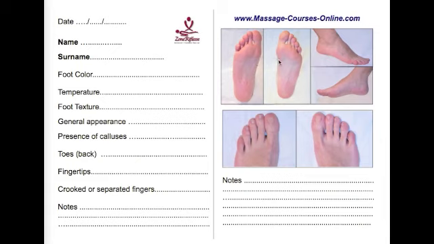Then we need to check for calluses or soft corns. Now, as I was saying before, calluses are always found on the surface of the foot, so either the bottom or top. But you will never find calluses between the toes. In this case, you have soft corns.